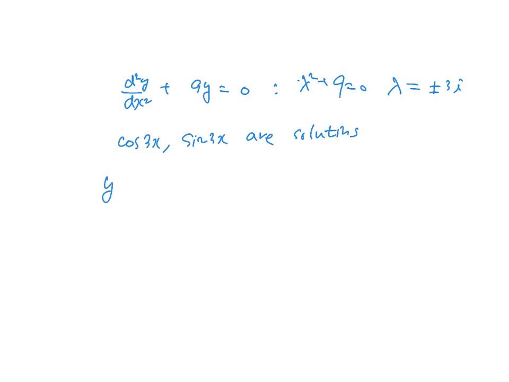So the general solution can be C1 cosine 3x plus C2 sine 3x. And maybe we can try to solve for initial conditions. Okay, I will let you choose the coefficients.